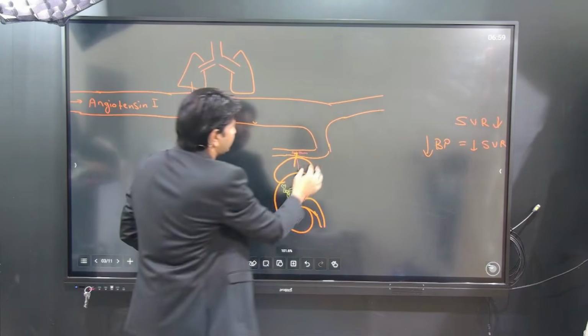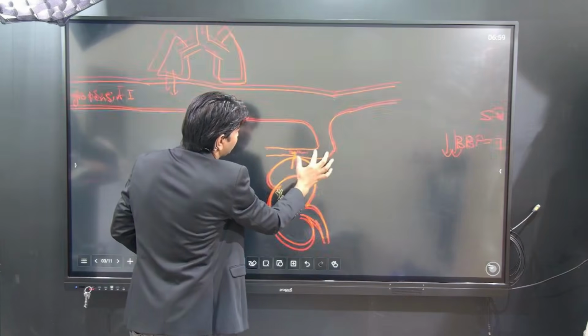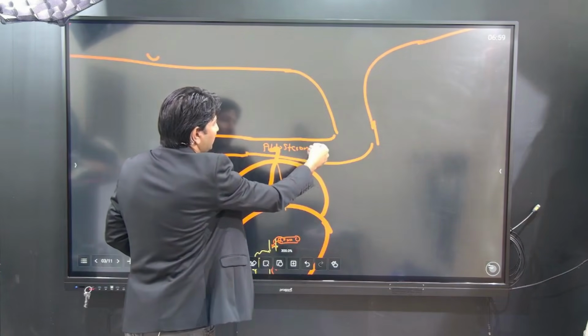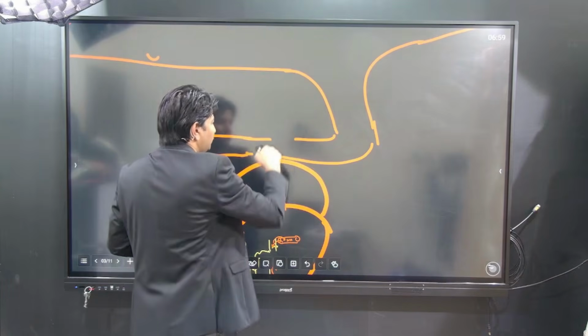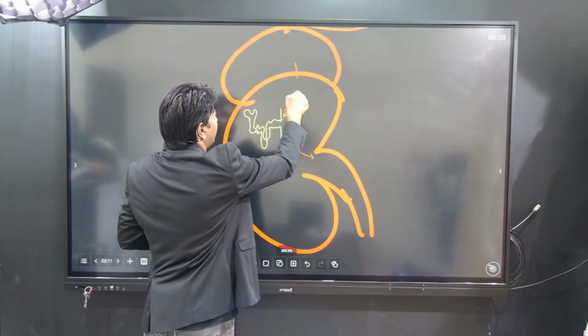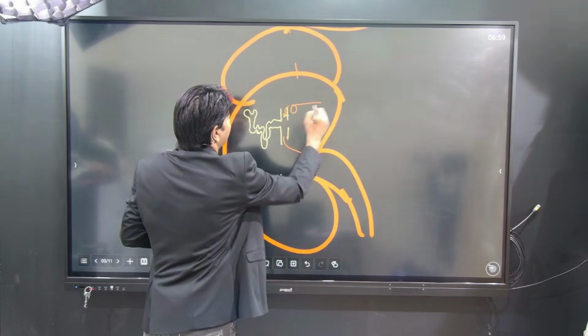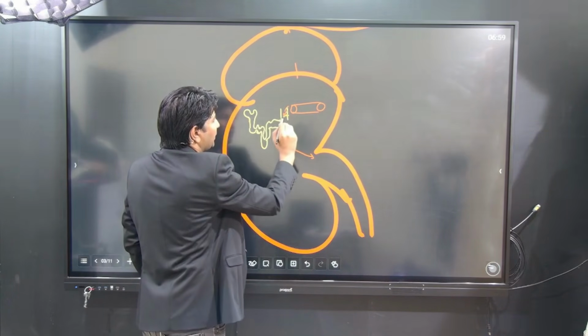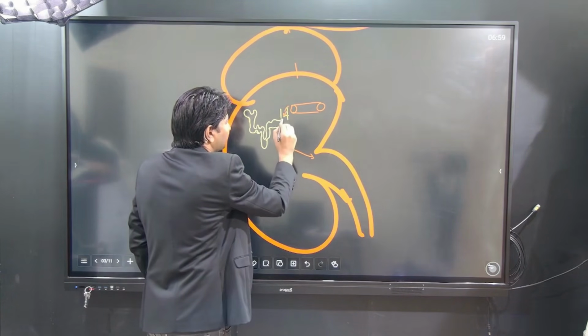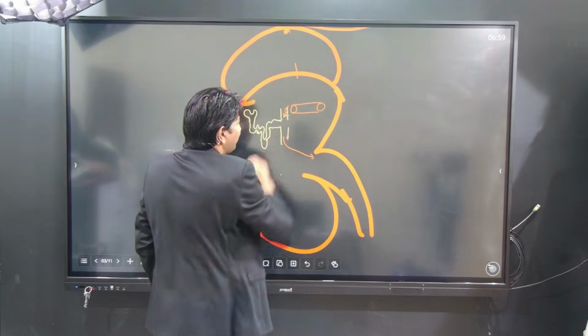And another thing is this, that if there is no angiotensin II, it means there will be no aldosterone secretion by the adrenal gland. If there is no aldosterone, it means there is no reabsorption of sodium. If sodium is not reabsorbed, it means sodium is not entering from this filtrate into the blood vessels.